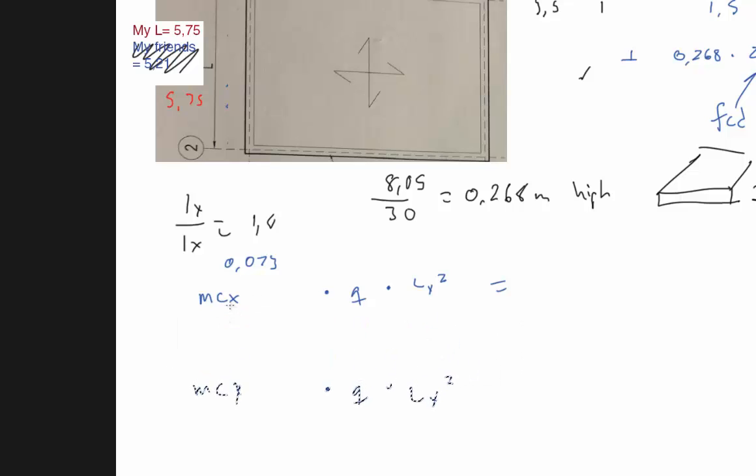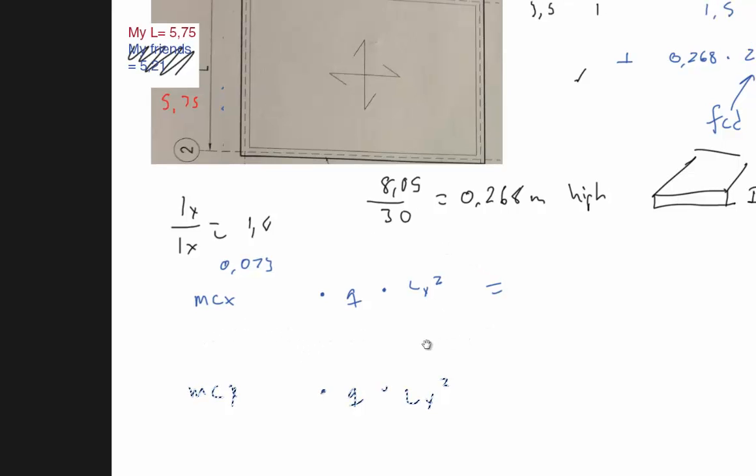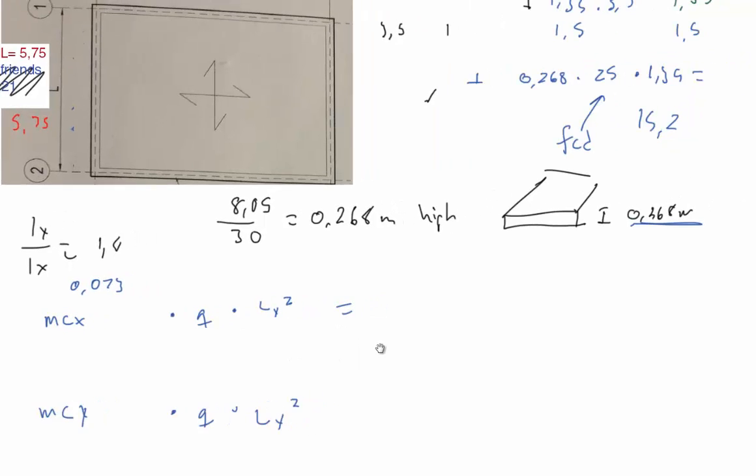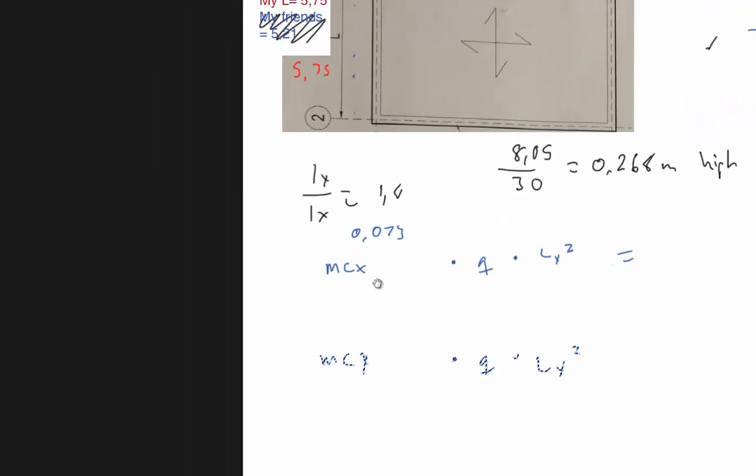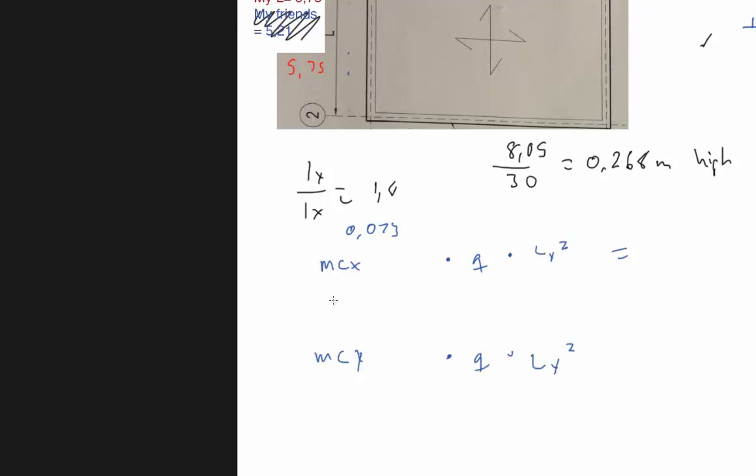So MCX, that would be 0.073 times Q, so what did I say before? 15.2. 0.073 times 15.2 times the length, that was 5.75 squared.